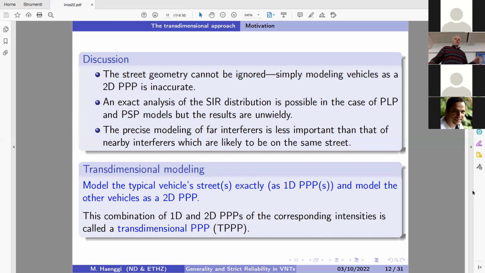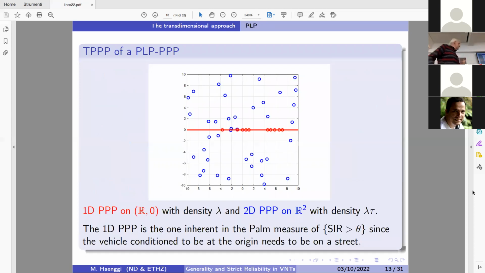It's a fancy name just for saying we have two point processes, one of dimension 1 and the other of dimension 2. In the case of a Poisson line process, we just take the line that the vehicle at the origin sits on, that's the red one, and everybody else is just a Poisson process.